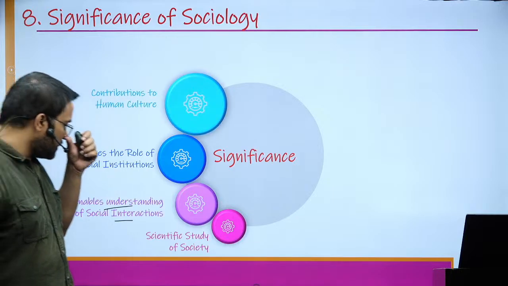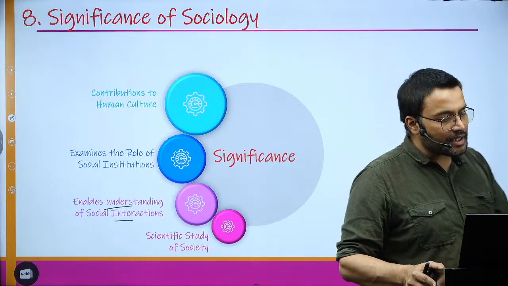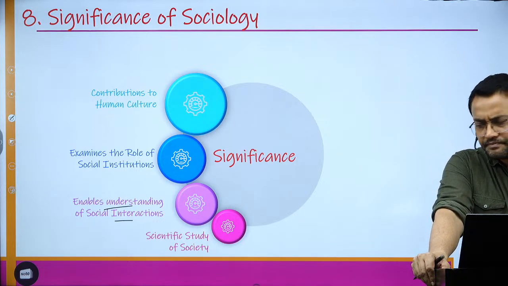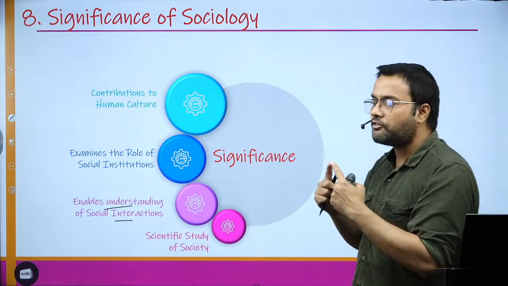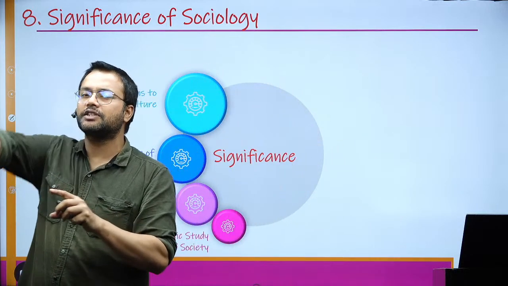Then contribution to human culture, like why humans are behaving in a particular manner. When you are a sociologist, you have this objective frame of mind that you're simply studying society and not comparing it with another society.